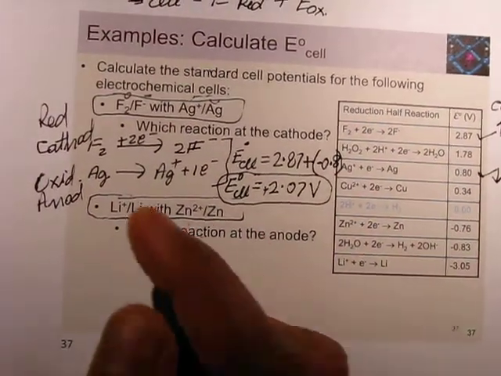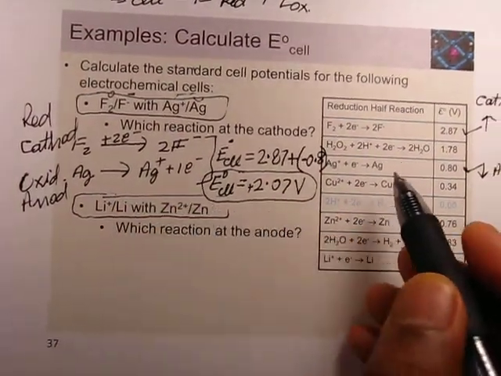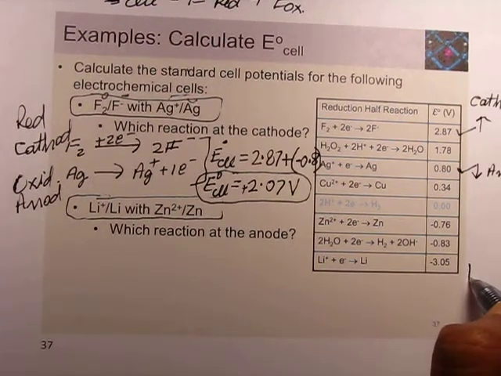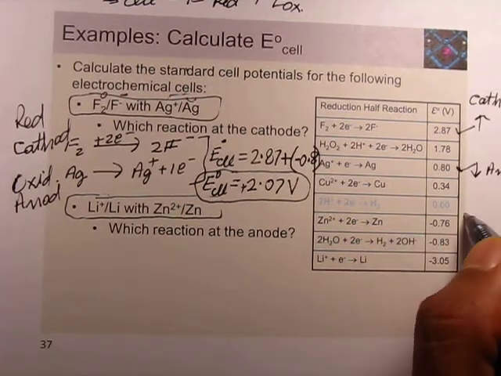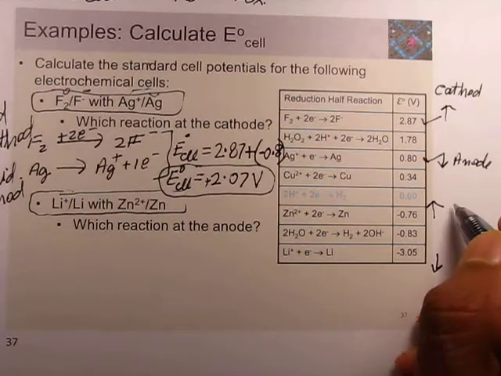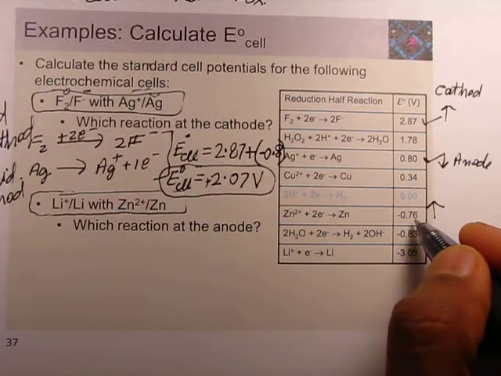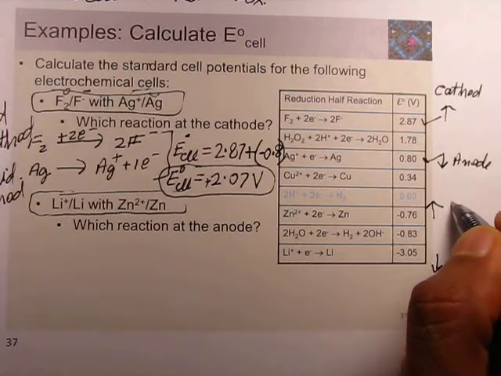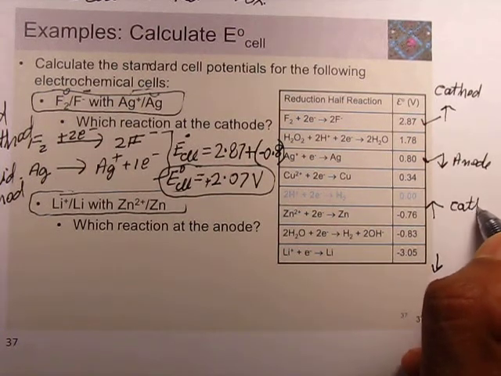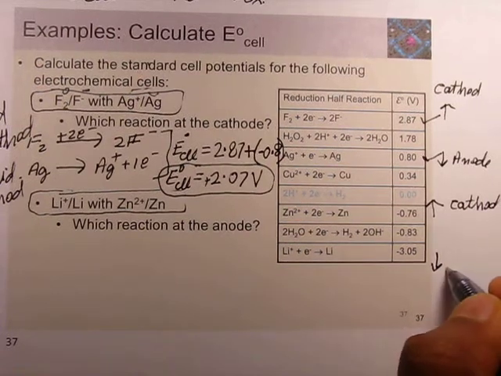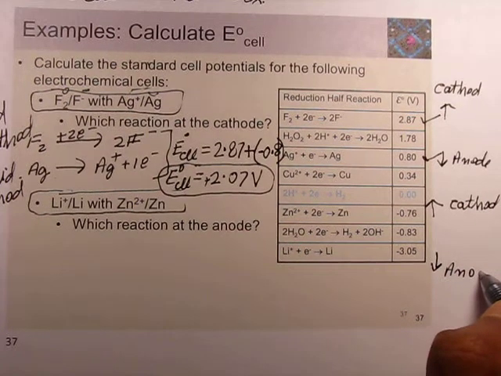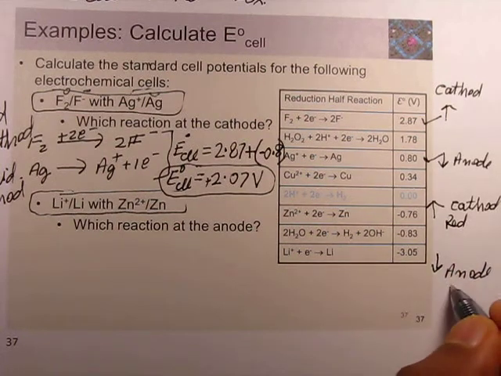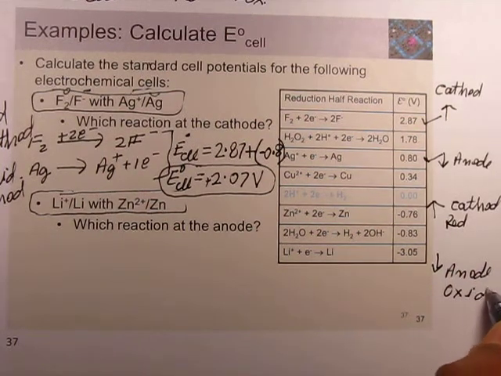Let's see the case of lithium and zinc. Lithium is here, which has the lowest value, and zinc has a higher value, so lithium is more negative. So zinc will become the cathode and lithium will become the anode. Here reduction will happen, here oxidation will happen.